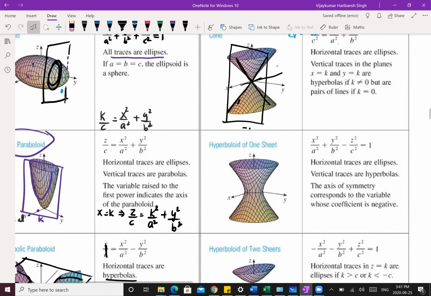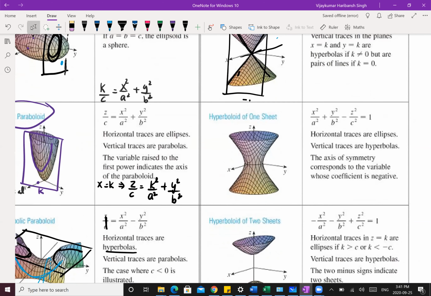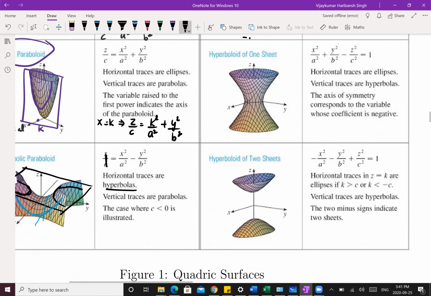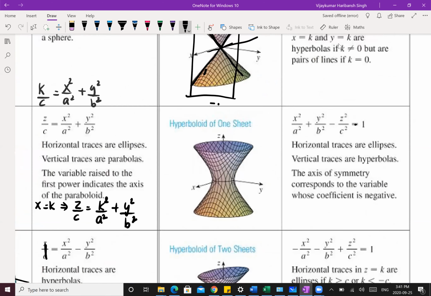Next interesting object is the hyperboloid of one sheet. So it is one sheet and it's a hyperboloid. Hyperboloid of two sheets means there are two disjoint structures. So let's see how this looks. We have x squared by a squared plus y squared by b squared minus z squared by c squared equals 1. The way to understand this is to take z to be k and look at the horizontal traces.